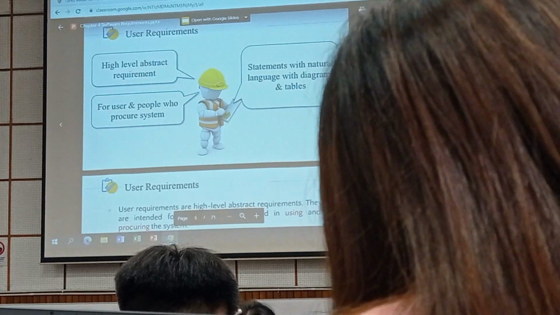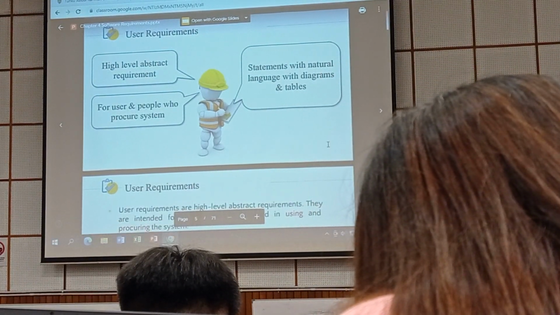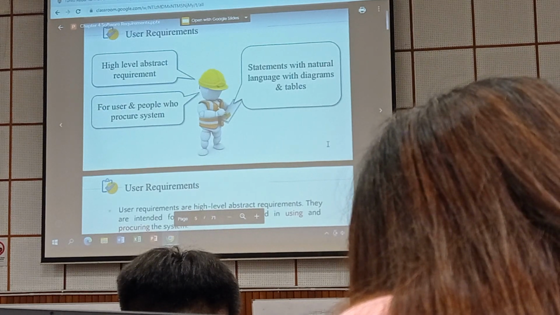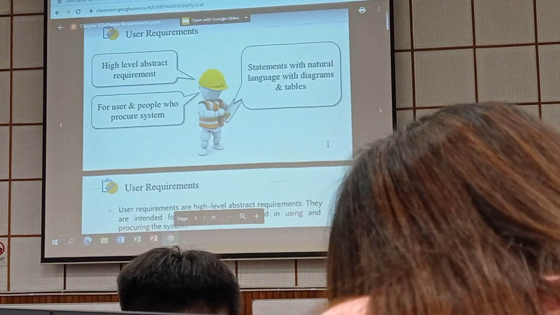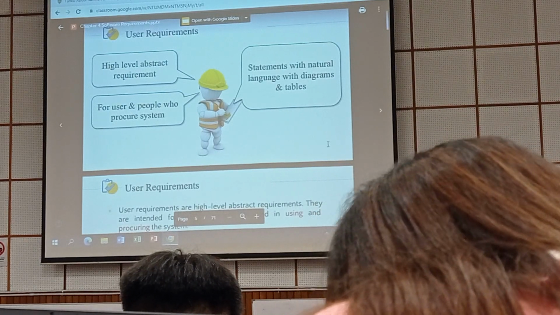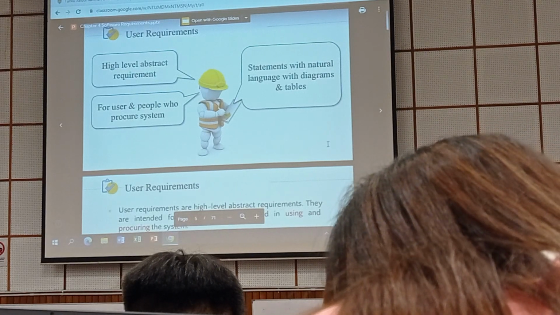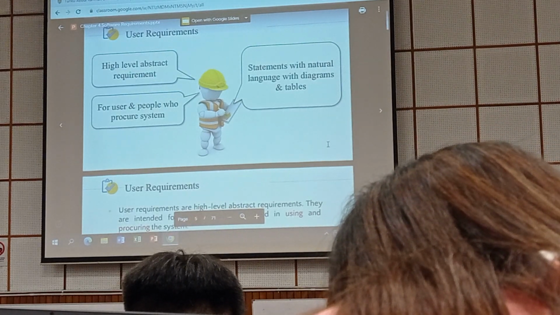How can we find the user requirements? For example, I'm telling you that I want the email function in the system, but how will you identify that from me? How do you know that I need the email function?